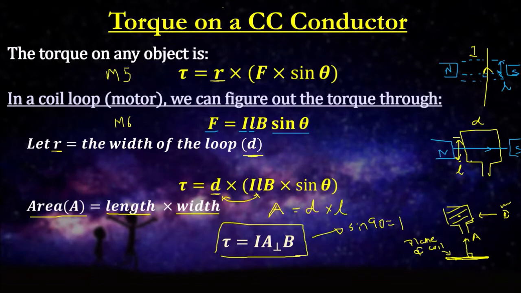So if I have a loop of coil, the only thing that is required to cause some kind of rotation, so to cause it to rotate, you need to have it at some kind of fixed area. It doesn't really matter what area it is, but it just needs to have some kind of area. You need current in the wires, that's a given, because without current in the wire, you can't really get the motor effect going.